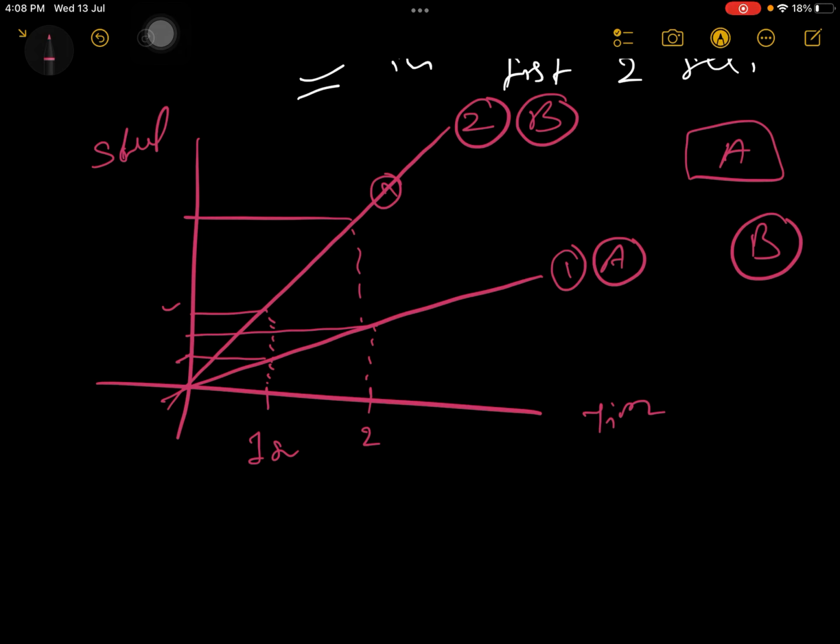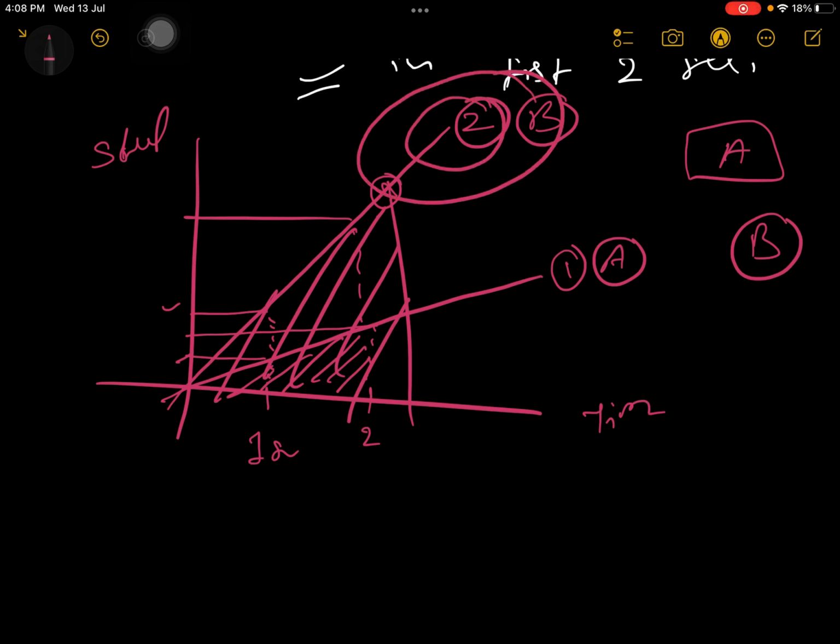With the help of area also you can check. Vehicle A is covering only this much area, but vehicle B is covering this much area in the same time. Speed is not the same, that's why distance covered will not be the same, right? I hope it's clear. The slope of this graph is more, so this graph is faster. I hope it's totally clear.